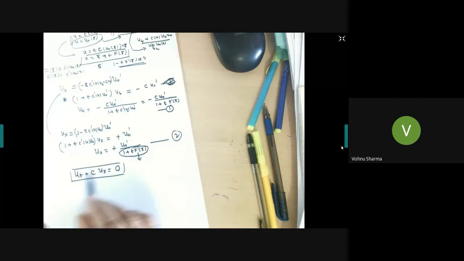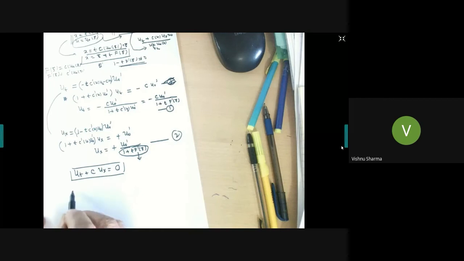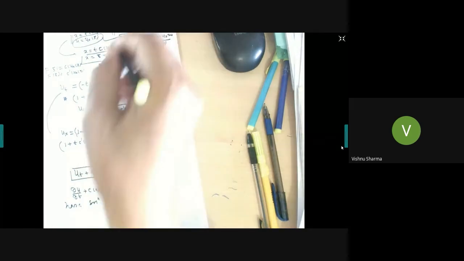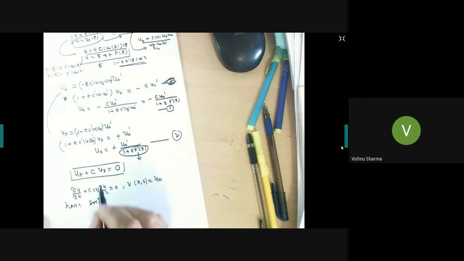This is the connection. I think now it is very clear. So again, I mentioned that this initial value problem, c of u, du/dx, equal to 0, has a solution in the implicit form.